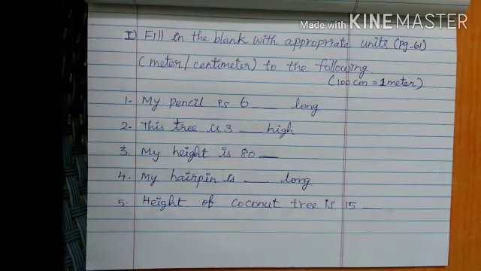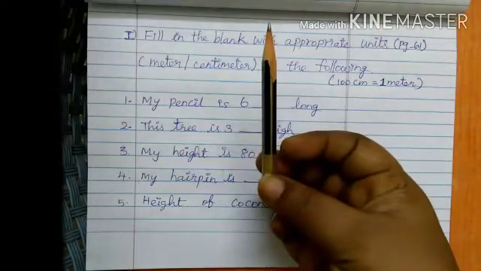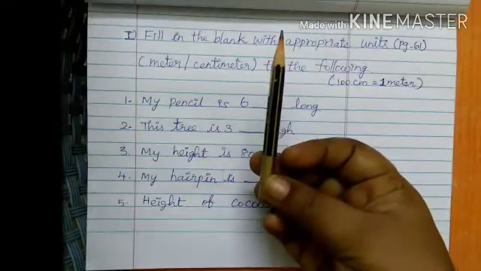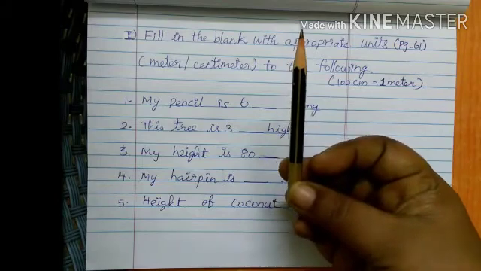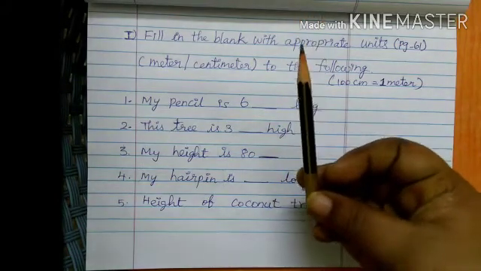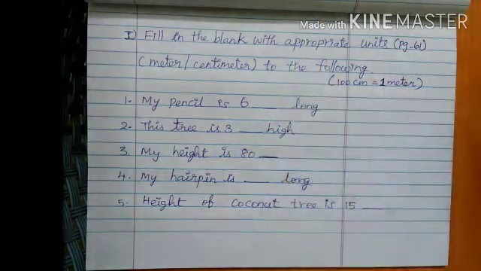Is this a small size or big size? Yes, 6 is a small size. So this is measured with the help of a ruler. The ruler is small size, so it is centimeter or meter?